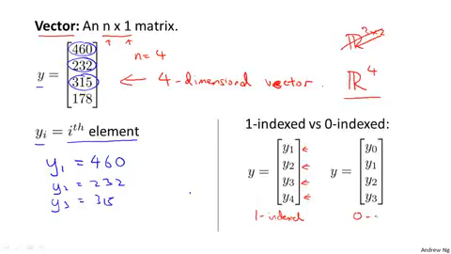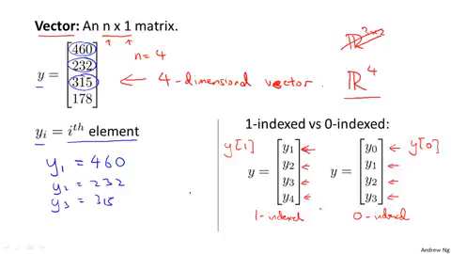The example on the right is a 0-indexed vector, where we start the indexing of the elements from 0, so the elements go from y0 up to y3. This is a little bit like the arrays of some programming languages, where arrays can be indexed starting from 1, or sometimes from 0, depending on the programming language you use.